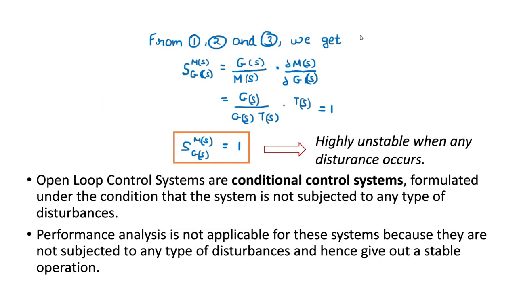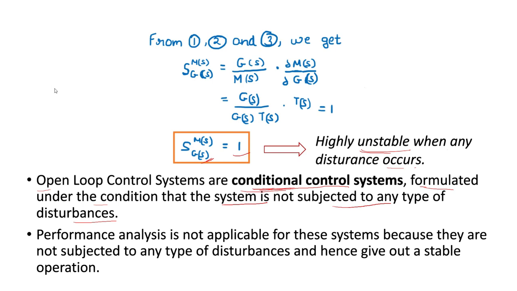So now we will combine all the results, and here we get that the sensitivity of the open loop control system with respect to the forward path element is 1. So it is highly unstable when any disturbance occurs. So now we can conclude that open loop control systems are conditional control systems. See, it is conditional because it is formulated under the condition that the system is not subjected to any type of disturbance.